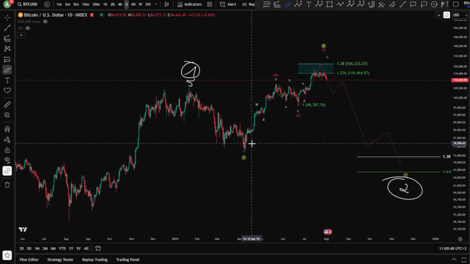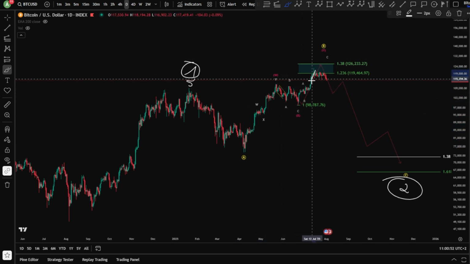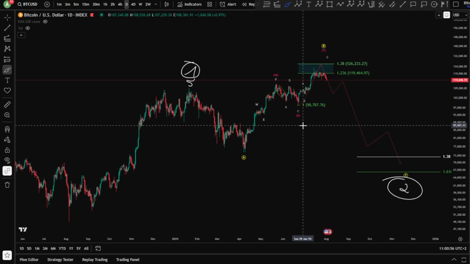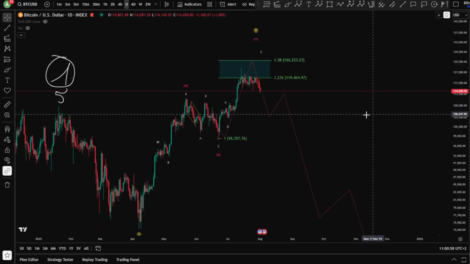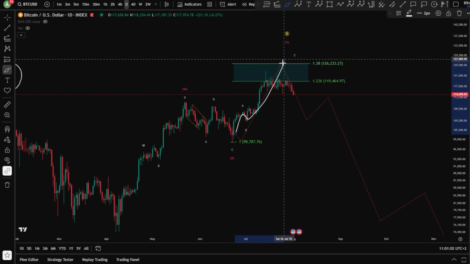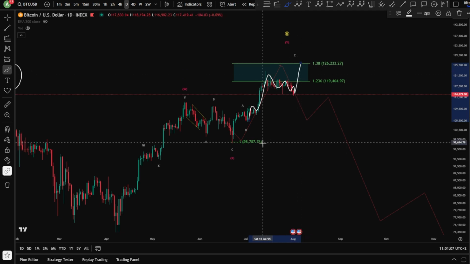Second thing, if you are in a W, X, and a Y, the wave Y in comparison can be finished as three waves, but even as three waves, you would like to see an A, B, and a C. And this wave C is still the one that we are looking for to finish a wave 5 for it.